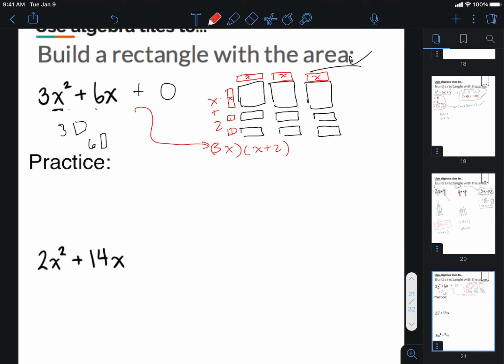Does anybody have any questions? Again, that's the same thing as identifying. This one's a little trickier because we've got 2 things going on here. If you look at this question, we have what are called coefficients.